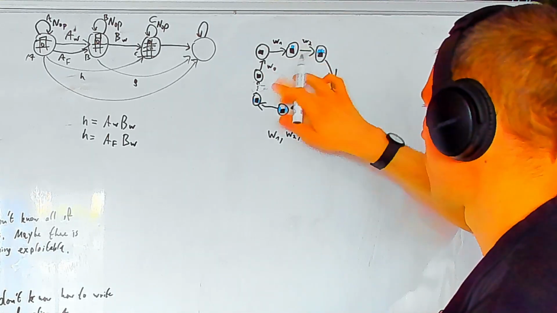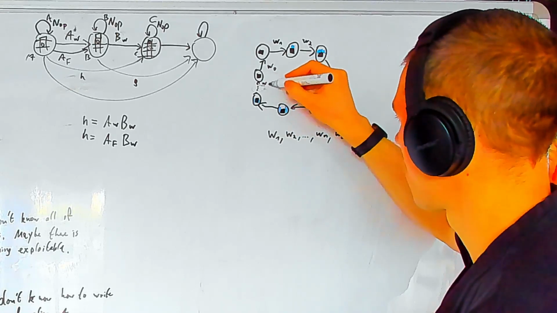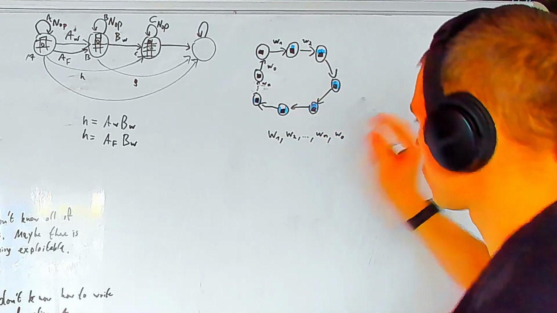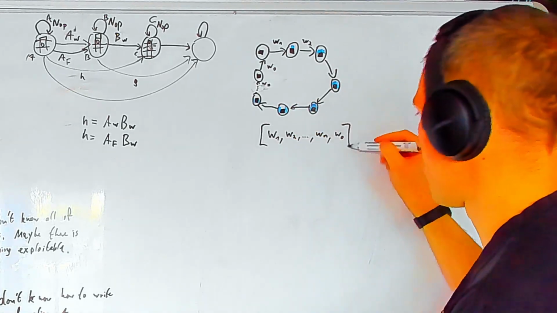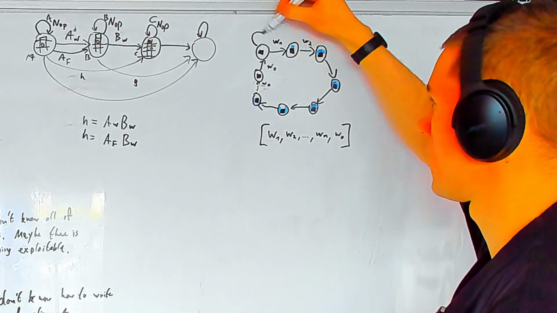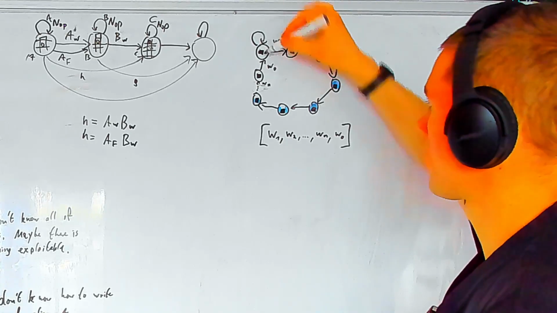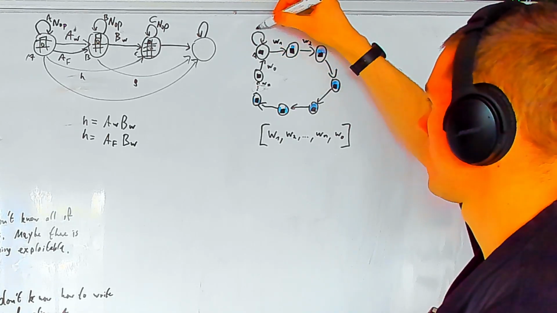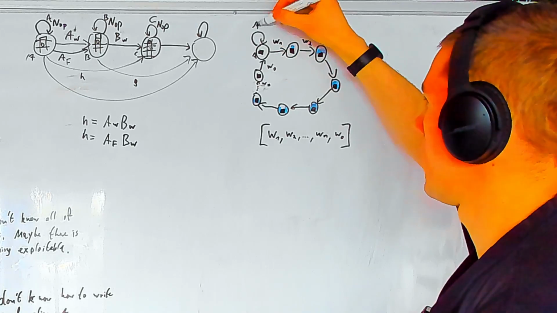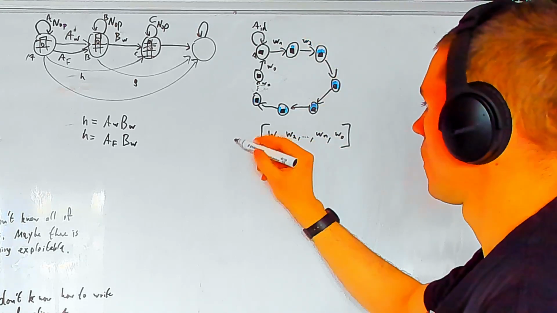Here's some Wn somewhere. And I could say, oh, look at this thing. What is this? It is, if this is state A, then it would be the identity on A.